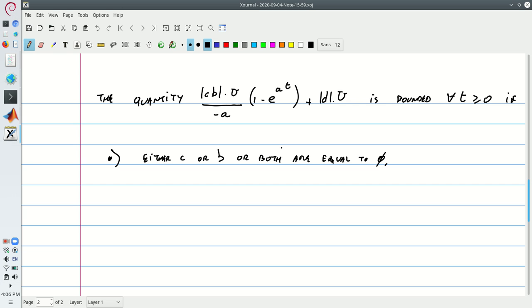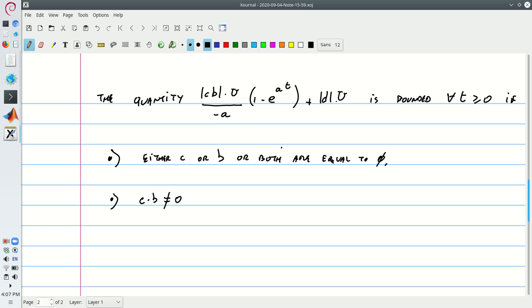So in that case we are definitely fine. Now, the interesting case instead is C times B different from 0, so both C and B are different from 0, and now we need to check when this quantity here can be bounded by some capital Y.